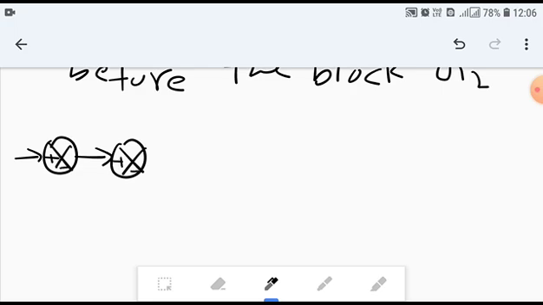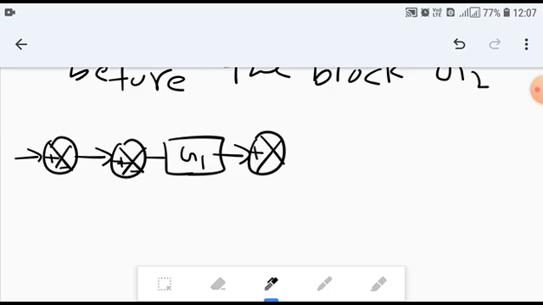So here we have two summing points 1 and 2, then we have G1, then we have another summing point 3, plus and minus here. So here we moved the branch point ahead of G2.